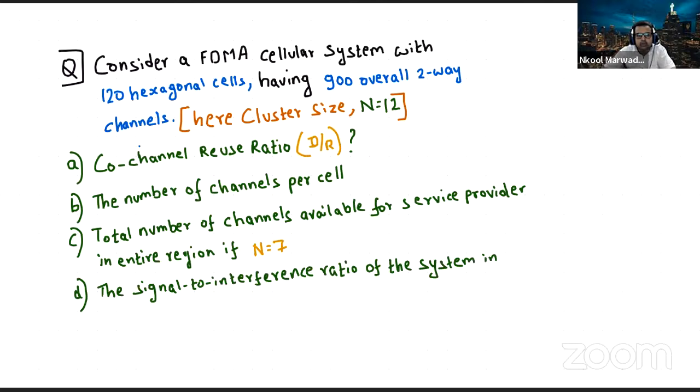It's very important because S by I is a ratio, so by default it does not have any unit, and we can convert it into decibels using the formula 10 log base 10 of S by I, which we will discuss. If path loss exponent is 4, where path loss exponent is the small n in the formula.